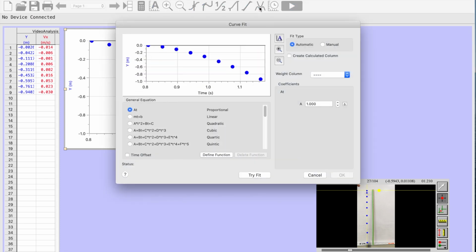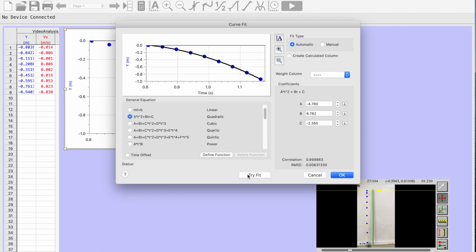And you could try all sorts of curves. You could try a quadratic, a quartic, a cubic, a power graph, but I know some physics that you don't know, and I know that this is a quadratic graph. So I'm going to try the fit, and yes, clearly this curve fits my points.